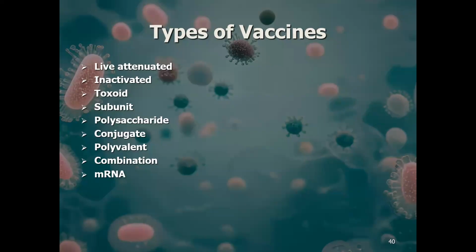For example, the polyvalent pneumococcal vaccine protects against several strains of the pneumococcal bacteria. Combination vaccines offer protection from multiple diseases like diphtheria, tetanus, pertussis, trivalent IPV, which is 3 strains of inactivated polio, MMR, measles, mumps, rubella, etc.